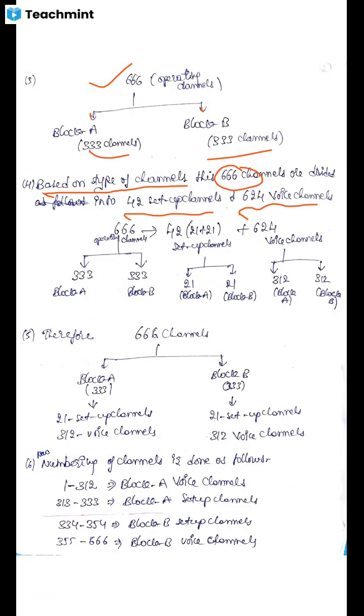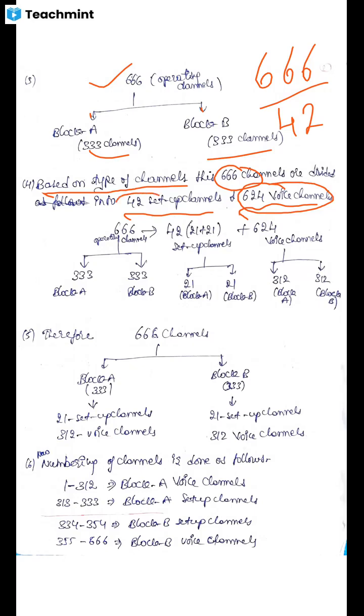From these 666 channels I am separating 42 for setup channels. So subtract 42 from 666. How much will you get? 624. So the remaining 624 are for voice channels.